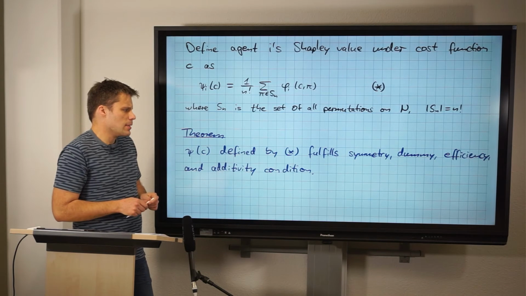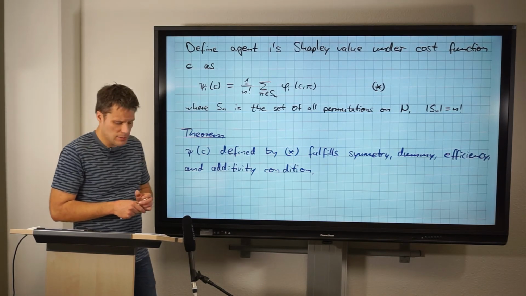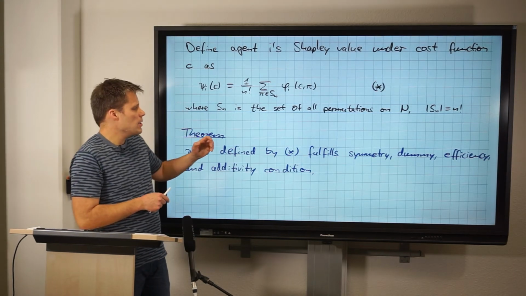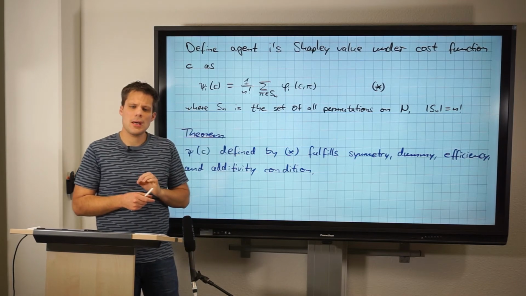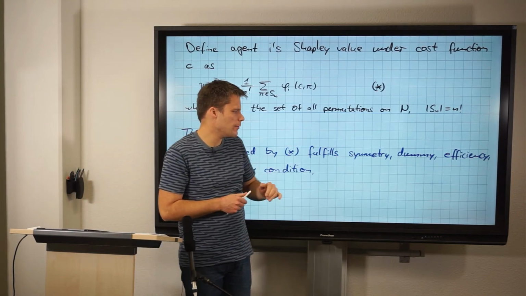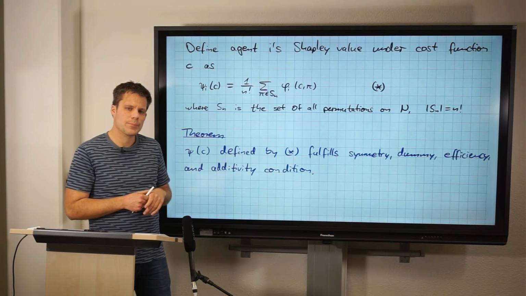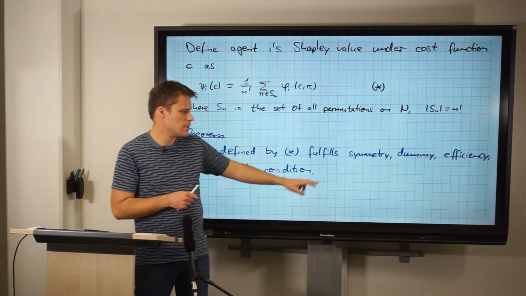Is this surprising? Most of this is not really surprising, because these phi vectors actually fulfill almost all of this, namely they already fulfill dummy, efficiency, and additivity. Only they do not fulfill this symmetry.